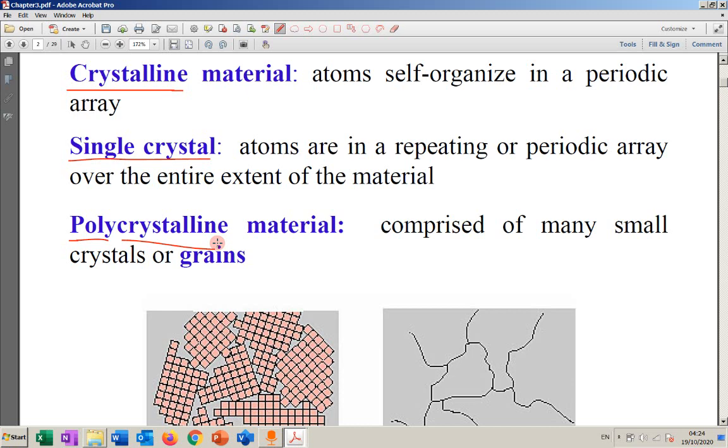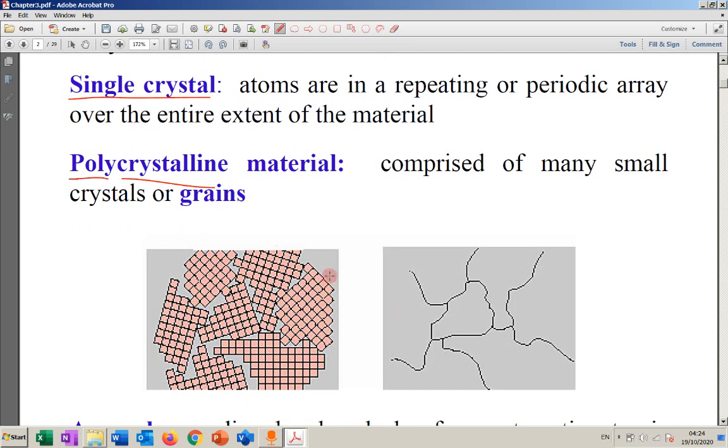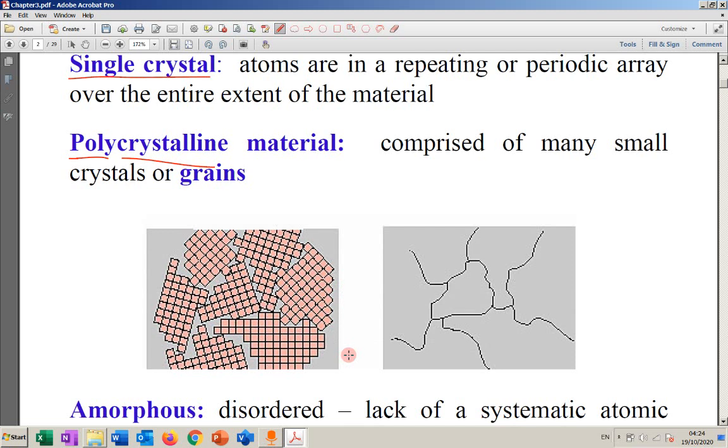What does polycrystalline mean? It means that the arrangement of atoms is not the same inside the entire material. Yes, we have arrangement, but not the same arrangement throughout all the material. We call this polycrystalline.